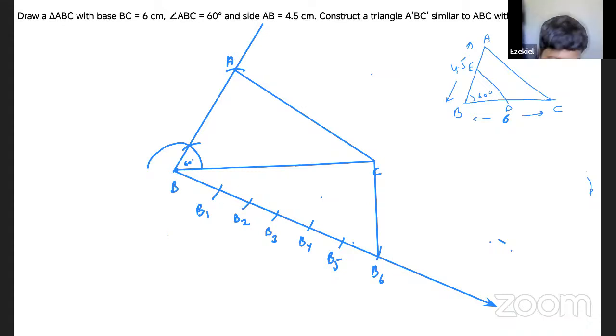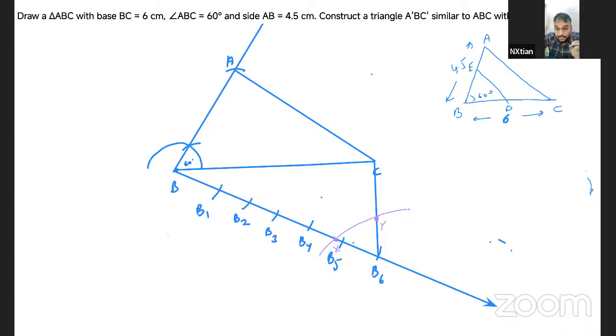Without disturbing it, sir? You can disturb it because you are starting a new thing. So put the tip of the compass on B6 and just draw the arc like this. And name these points X and Y.